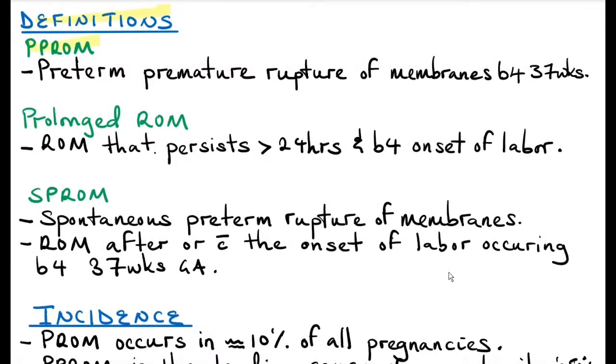Definitions. PPROM is preterm premature rupture of membranes before 37 weeks gestational age. The difference between PROM and PPROM is the gestational age. PPROM is mostly associated with prematurity because it's less than 37 weeks gestational age. It occurs before 37 weeks gestational age.